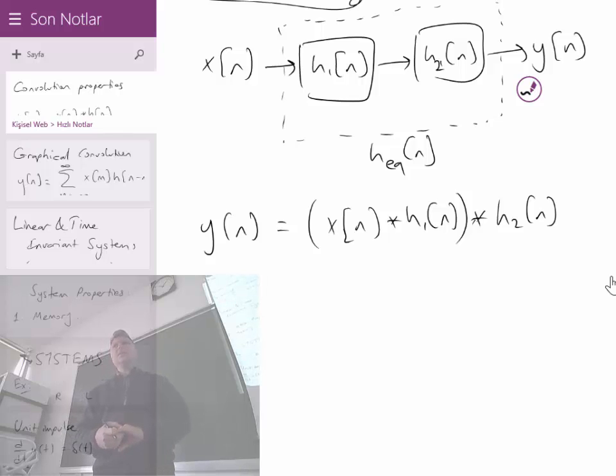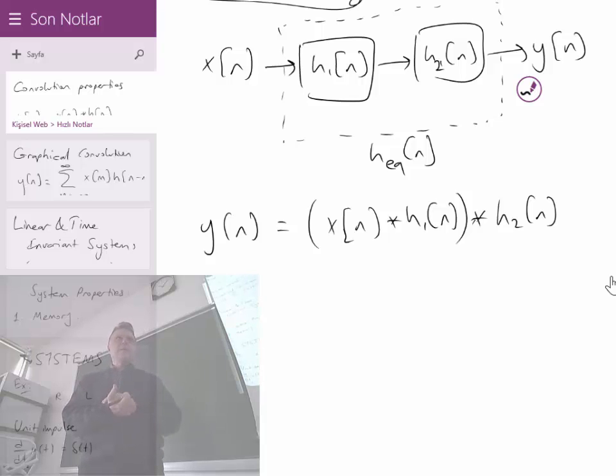Now the situation here is, from the linearity of convolution, the place of the parentheses is unimportant. It doesn't matter which you convolve first. You can interchange their places. You can first convolve x of n with h2 of n, and then the result can be convolved with h1 of n.